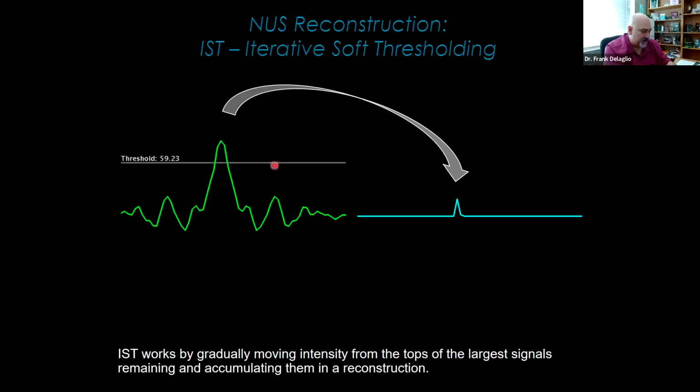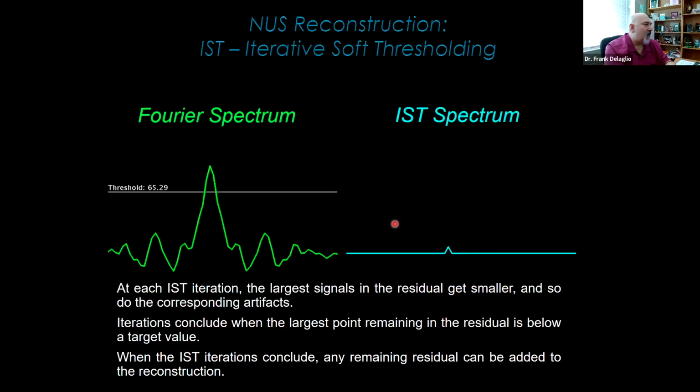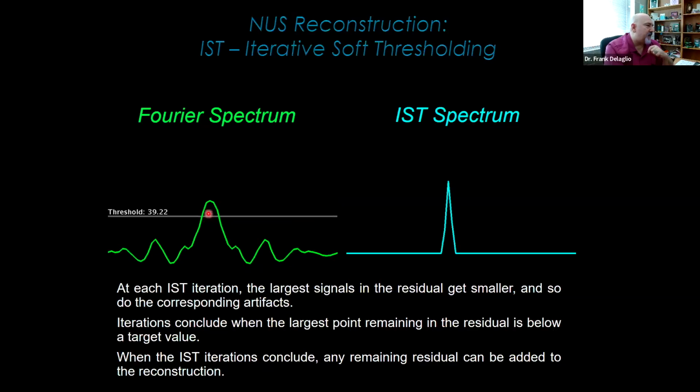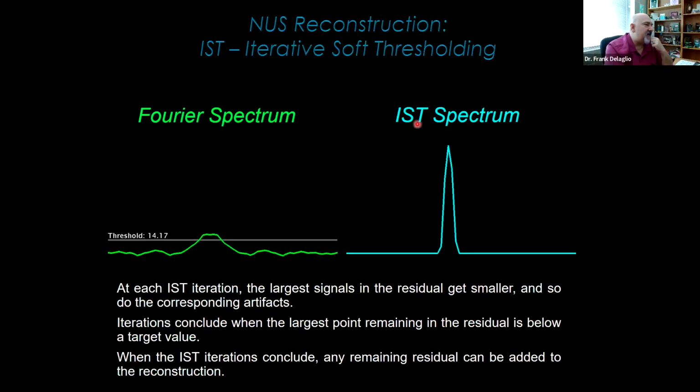And then choose a new lower threshold, inverse transform the data back into the time domain, and reset any parts of the data that were skipped in the original non-uniform sampling schedule back to 0, and Fourier transform them back into the frequency domain. Choose a new lower threshold and repeat this procedure. So we gradually transfer intensities from the tops of the largest signal and accumulate them into a spectrum.